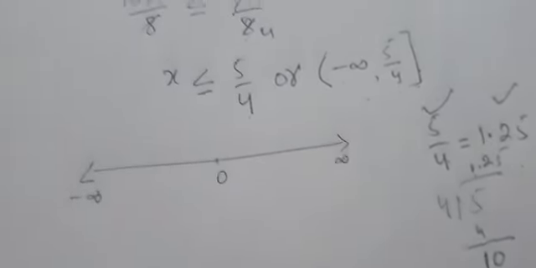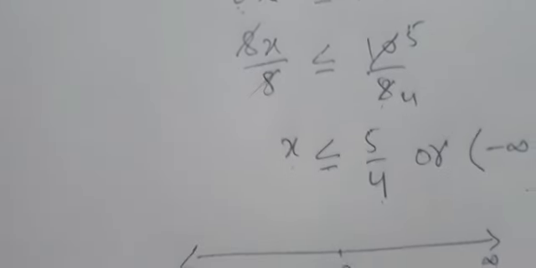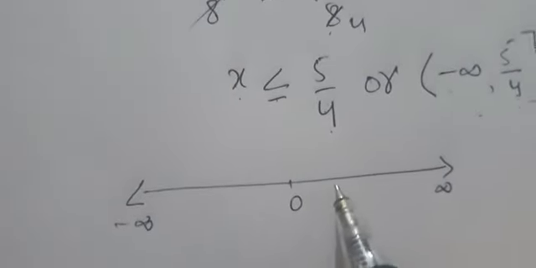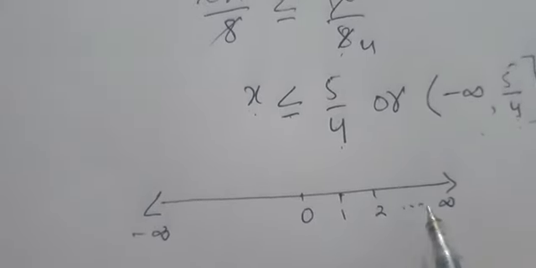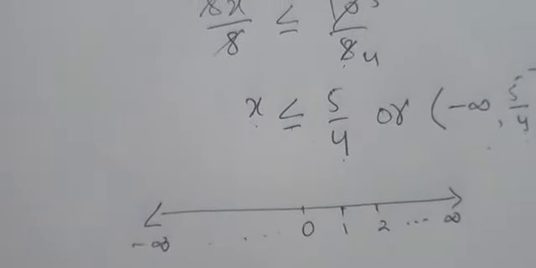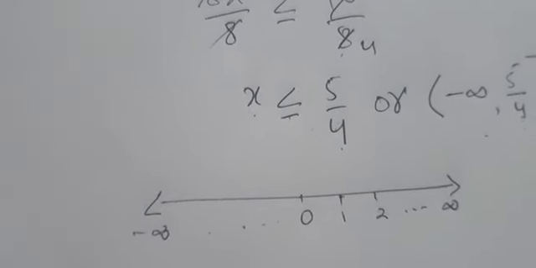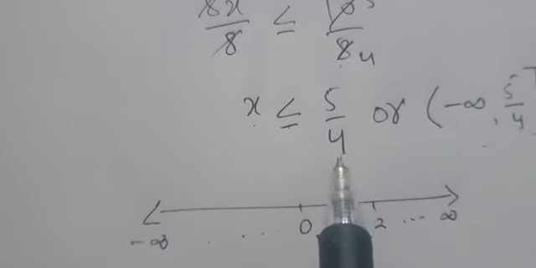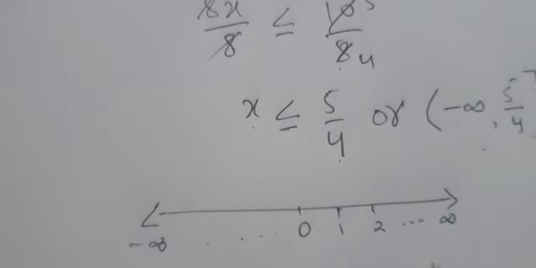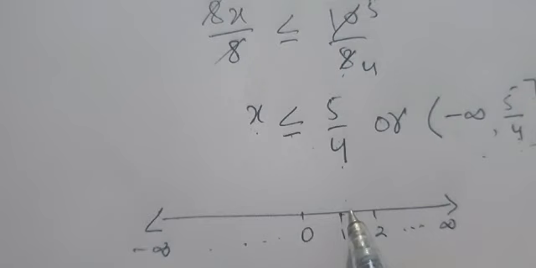And how we can represent this, we know where the number 1 is. Here we have the number 1, here we have 2, and so on. Similarly, on this side we will have the negative numbers, and this time this 5 upon 4 is actually 1.25, so that would be somewhere here approximately.